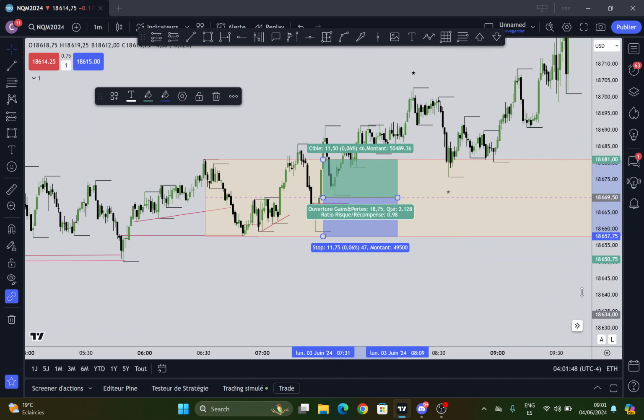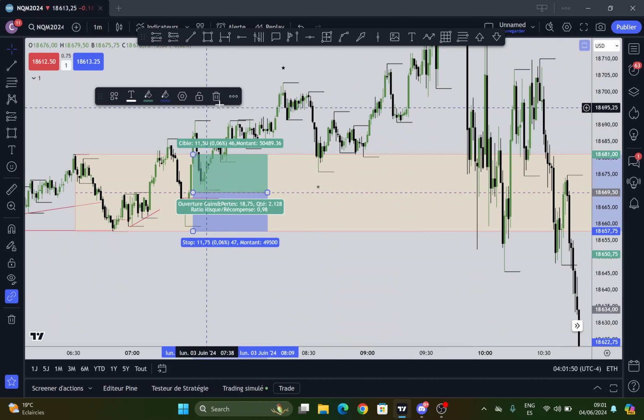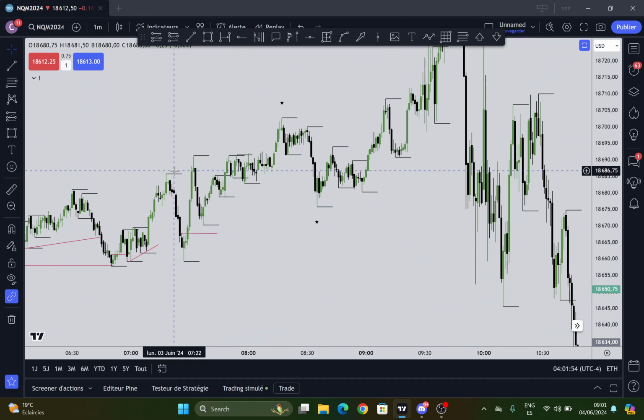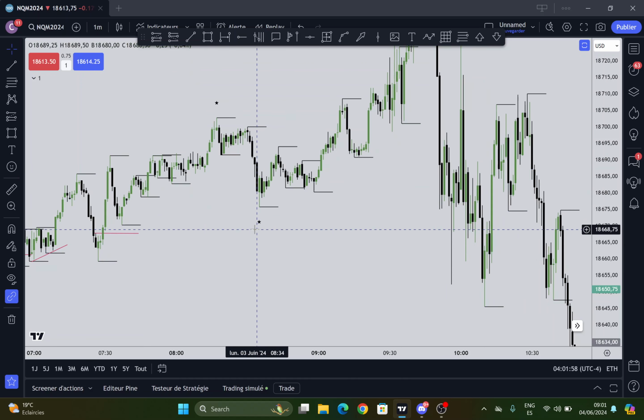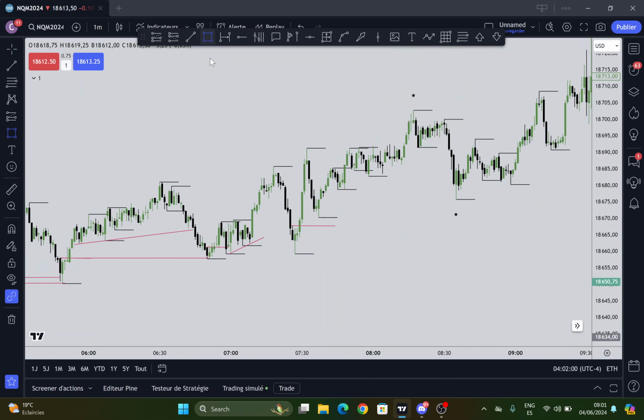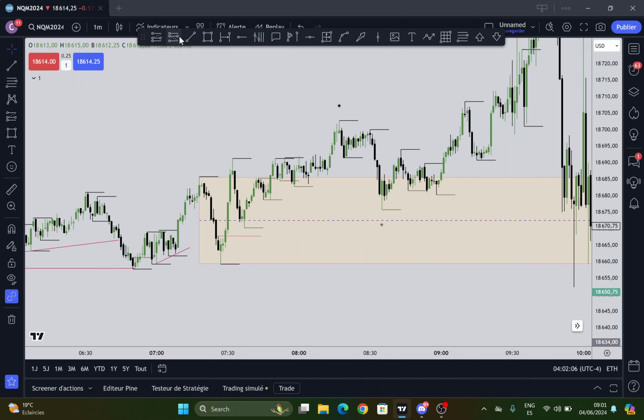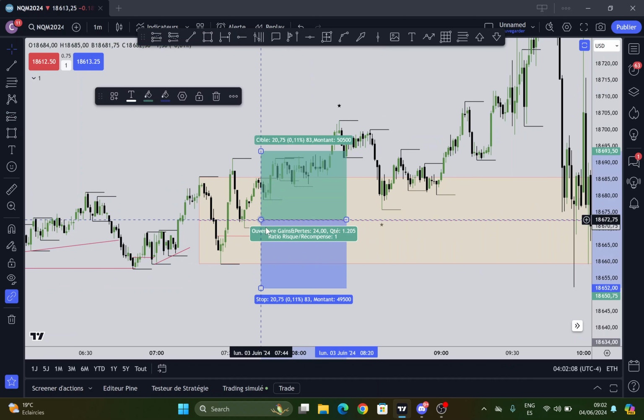All right, so what happened again? We close above this zone, and we confirmed this zone. What do we do? Again, one-to-one.